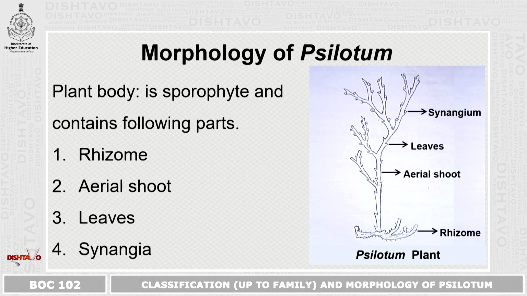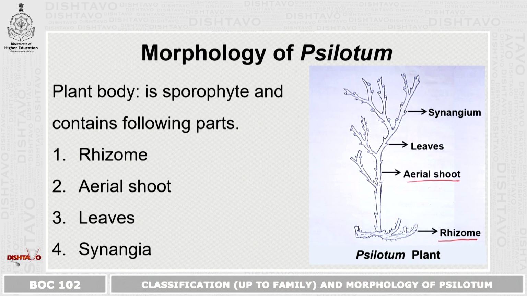Morphology of Xylotome. The plant body is sporophyte and contains the following parts, that is rhizome, aerial shoot, leaves, and synangia. Here is the diagram showing Xylotome plant. Here you can see this is a rhizome which is underground inside the soil. From the rhizome, this part comes out, that is aerial shoot.